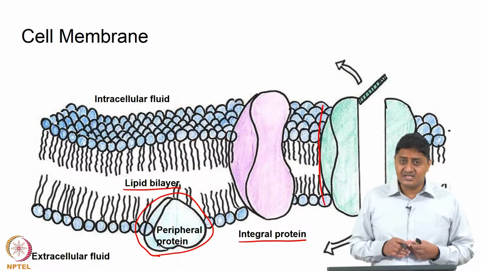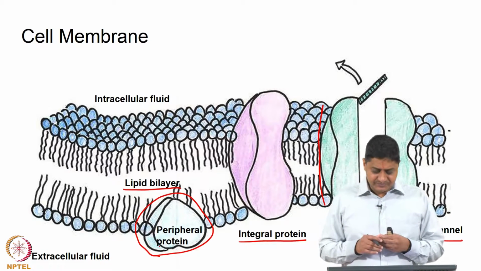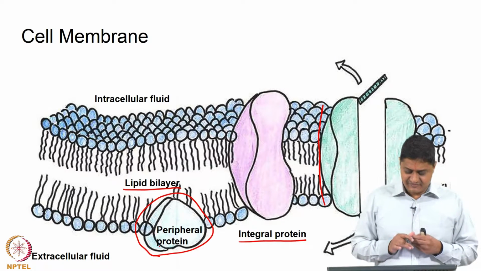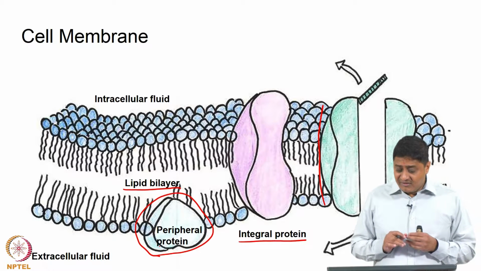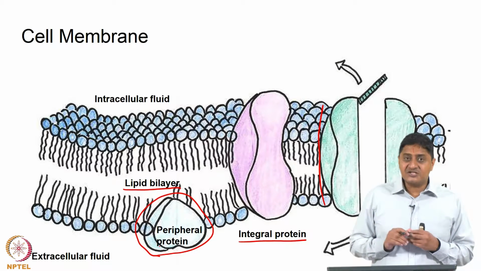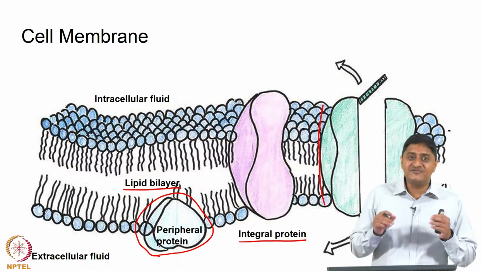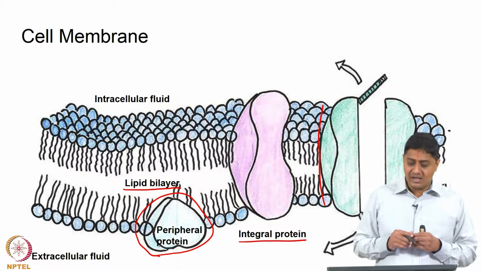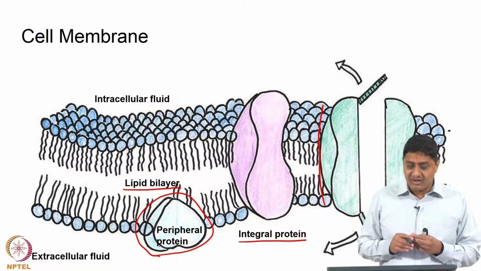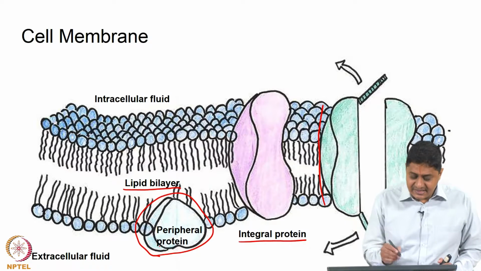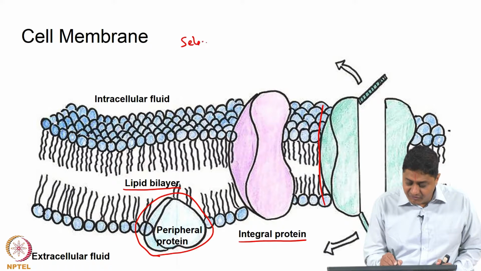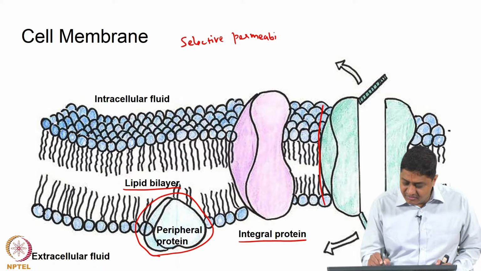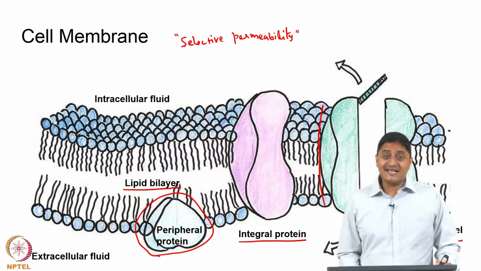So, in other words, the crucial aspect that is desirable for the plasma membrane is that we want the transport to happen at specific points in space, or specific points along the membrane, and at specific points in time, or what we desire is some form of selective permeability. And this is the most crucial feature of the plasma membrane, selective permeability.